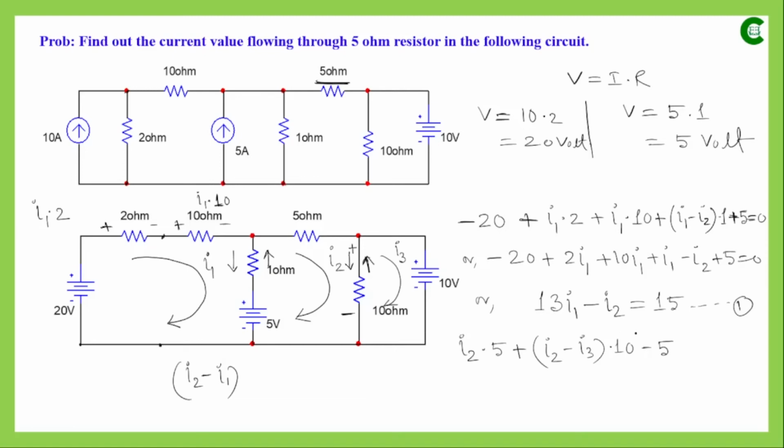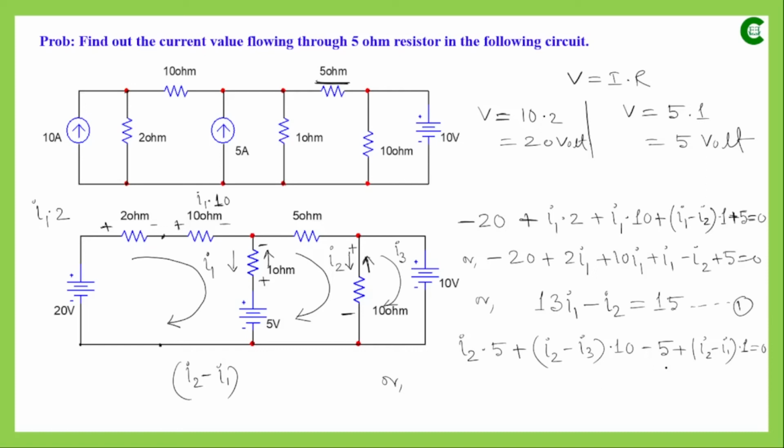The voltage drop this time, with respect to the direction of I2, has this end at higher potential and this end at lower potential. So it will be plus I2 minus I1 multiplied by the resistance value. We have already covered all the components in the second loop, there is nothing left, so the algebraic sum is equal to 0 as per KVL.